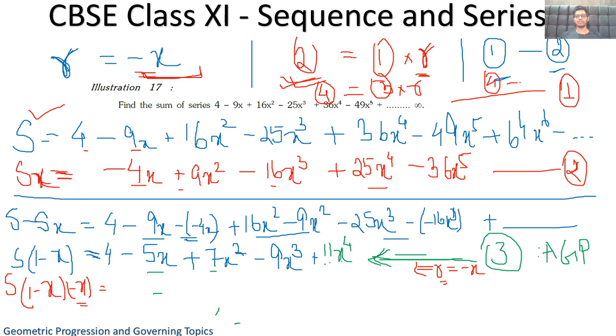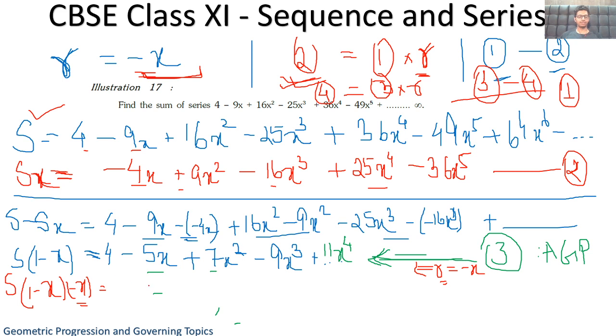I think it should be 3 minus 4, my bad. Yes, it's going to be 3 minus 4.